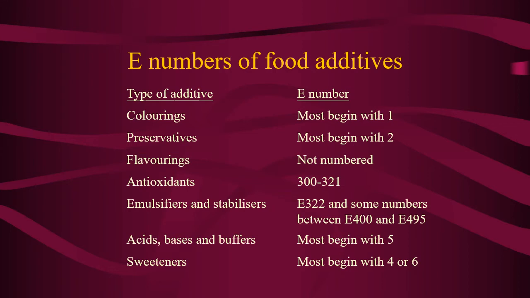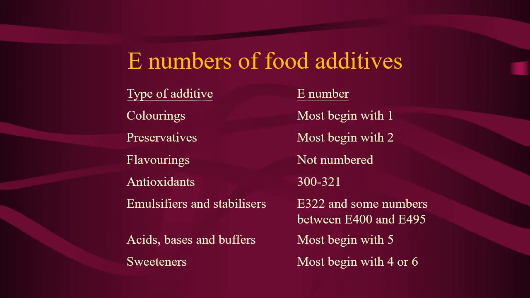Okay, there are different types of additives with different E numbers. Usually, colorings begin with number 1. Preservatives begin with number 2, and flavorings are usually not numbered. They are just labeled with what kind of flavor it is.